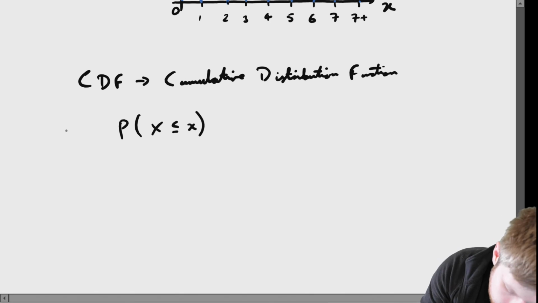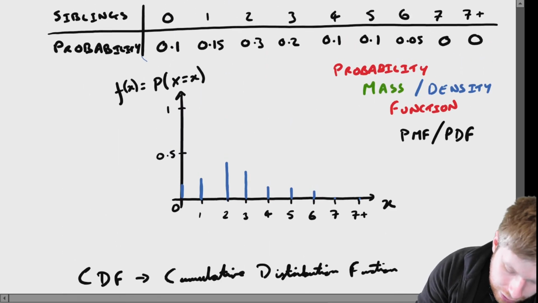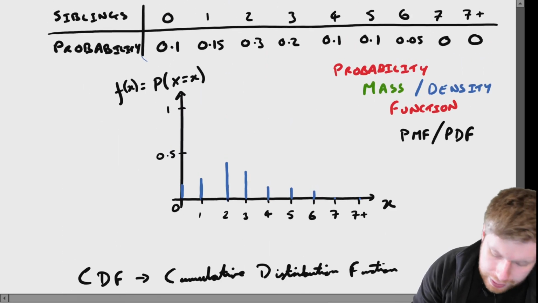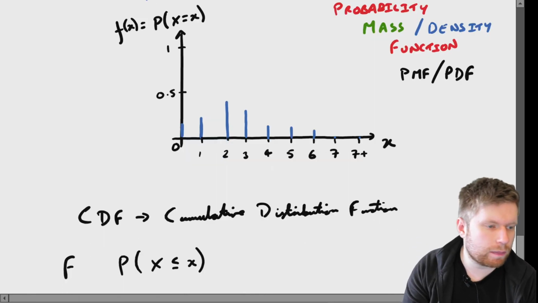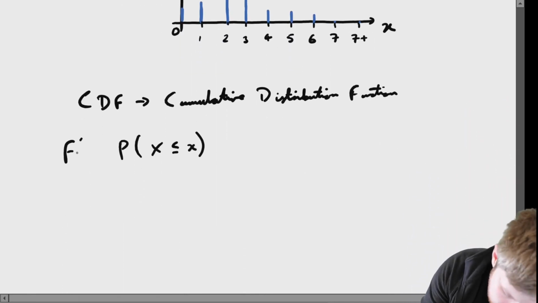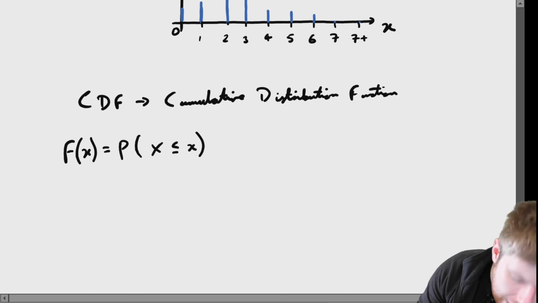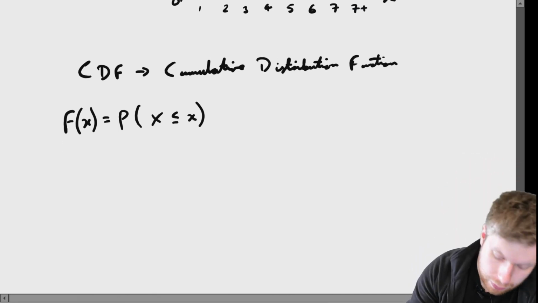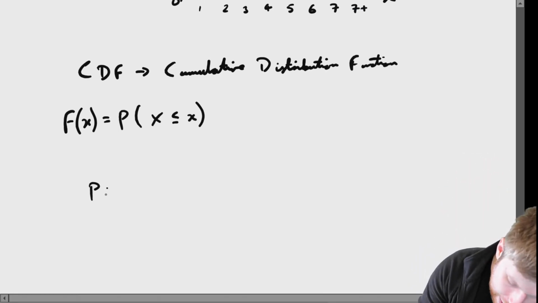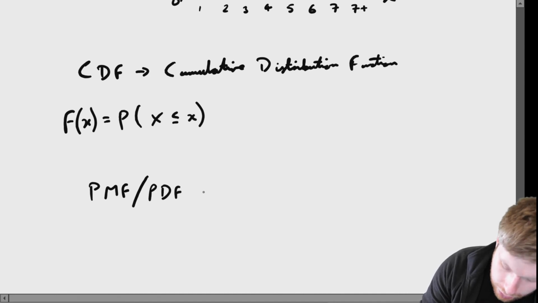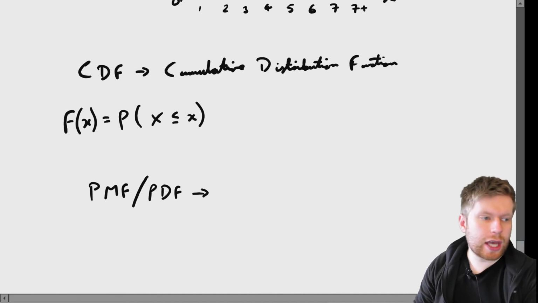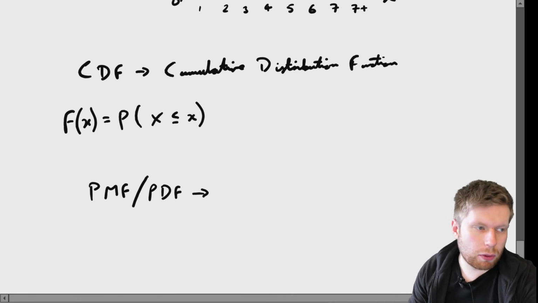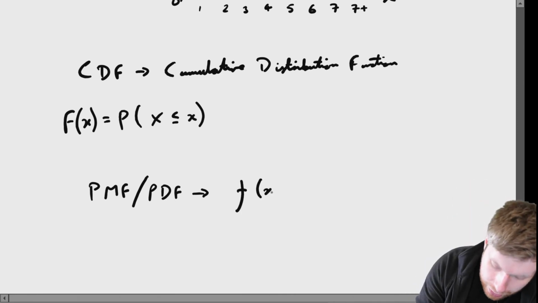Now, because it's so important, we give it a special name. Well, look, we've already used lowercase f to represent the probability mass function or the probability density function. So therefore, the cumulative distribution function is given with a capital letter F. So that's really important. For the PDF or the PMF, probability mass function or probability density function, in other words, the function which will simply say, you tell me the outcome and I find the associated probability, we say that's a lowercase letter f.